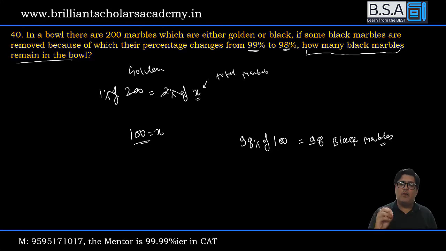The number of golden marbles in the beginning and in the end are equal. So equate golden marbles and from there you will be able to find the black marbles. These are very fundamental questions. But if you don't know this concept, you will never get the right answer.